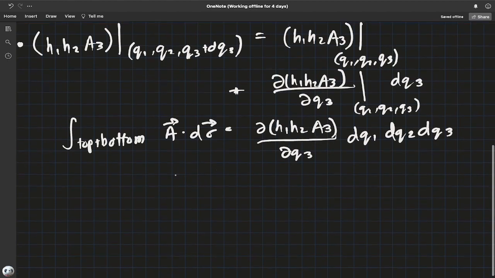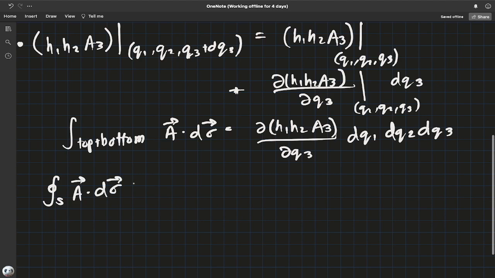And if we do this for all the surfaces, this was for top and bottom, if we do left and right and front and back, the entire closed surface integral will just simply be a collection of these partial terms.